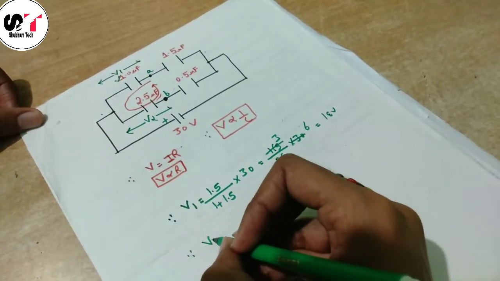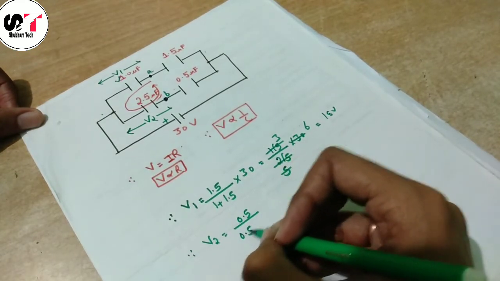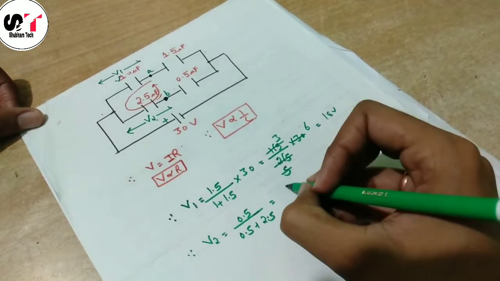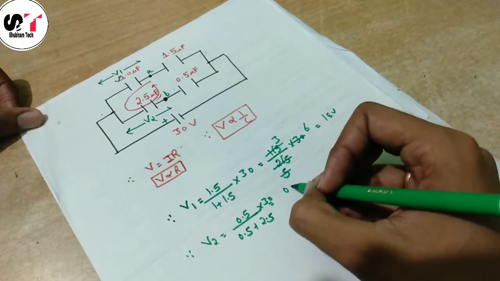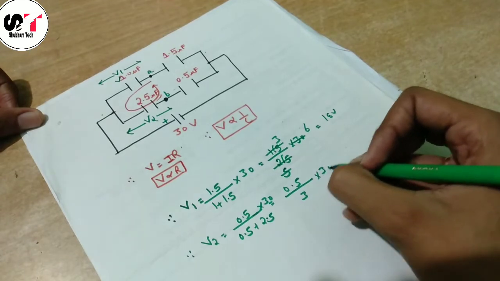Similarly, V2 equal to 0.5 divided by 0.5 plus 2.5 into 30, equal to 0.5 divided by 3 into 30.